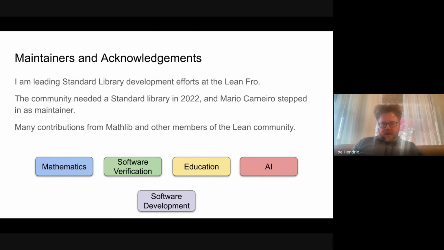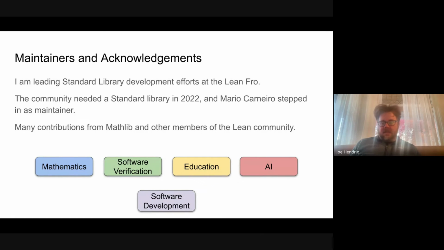I will be leading the effort within the FRO on the standard library, but I want to first acknowledge that the standard library itself exists because at Lean Together 2022 we recognized a need for it, as opposed to just pointing every developer at Mathlib itself. Mario stepped in as a maintainer and has been actively working with people in the community as part of being the maintainer of Std, as well as the various other things he does in the Lean community.